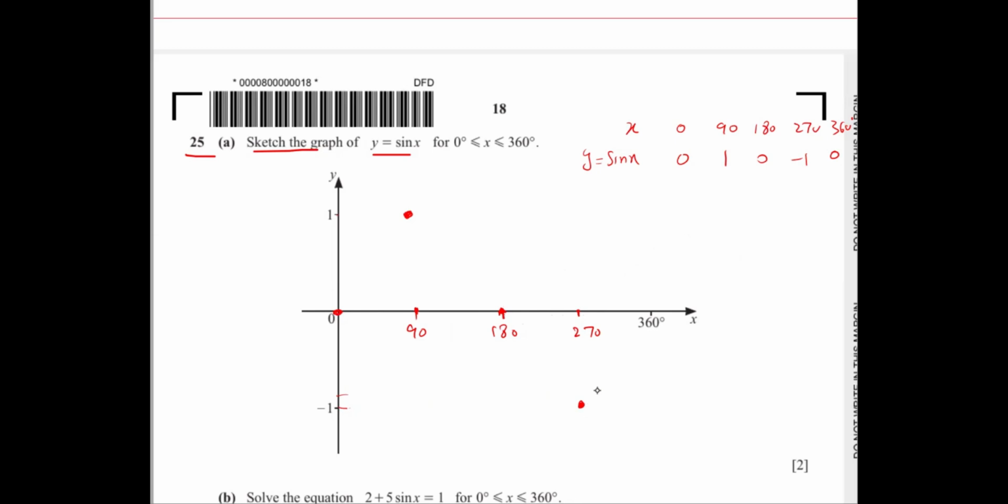The last value is 360, 0. Therefore, y coordinate is 0, so on the x-axis we will mark the point where x is 360 and y is 0. Now we will join these points and we get the graph, and this is the graph of y equal to sin x.